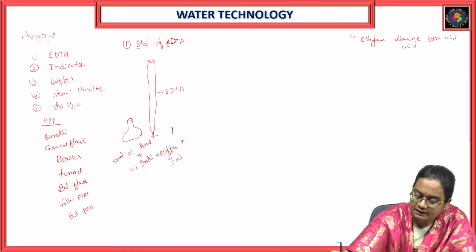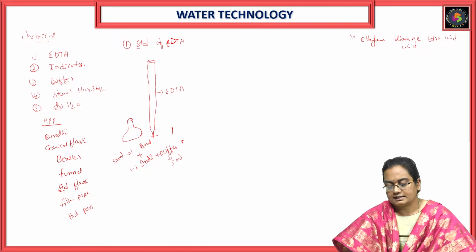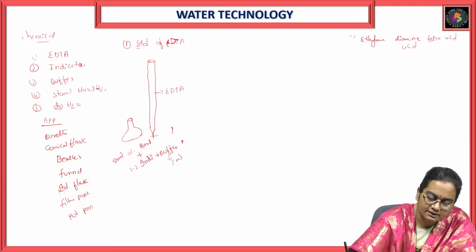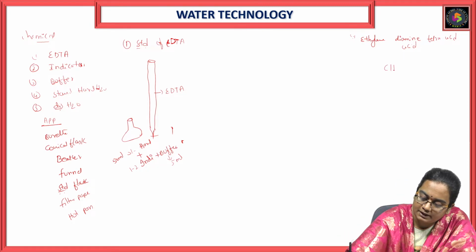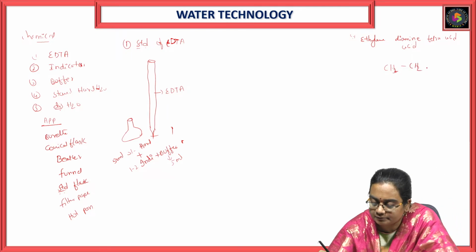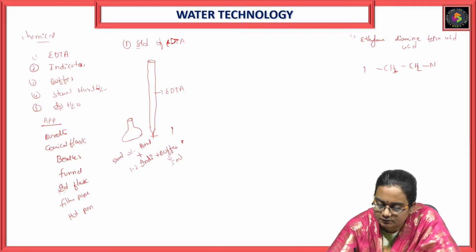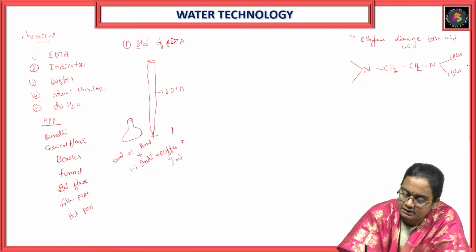In the structure, we have ethylene, CH2, diamine, so 2 nitrogens will be there, and tetraacetic acid, so four acetate groups, CH3COO minus.